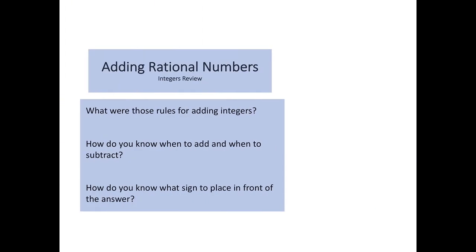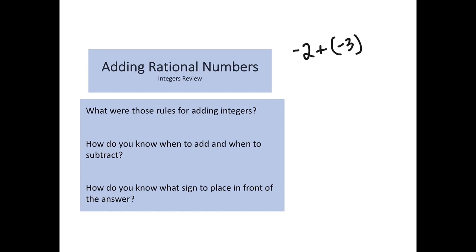Now, before we just launch into adding rational numbers, here's a few questions for us to ponder. What were those rules that I had to use for adding integers? If I had a problem like -2 plus -3, what would I do to add those two numbers together? Well, first I'm going to look at them and decide, are my numbers both positive, both negative, or do I have one of each, a positive and a negative?